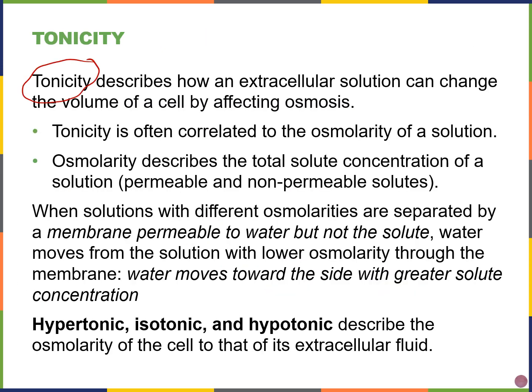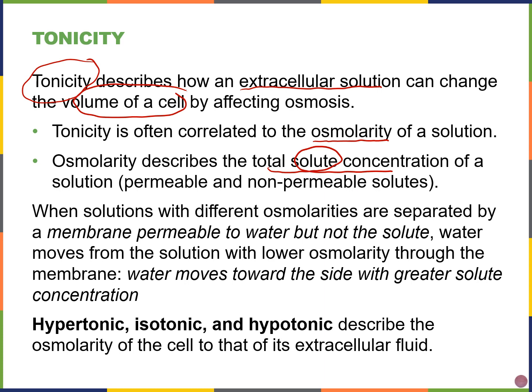Tonicity is a term we use to describe how an extracellular solution, the solution outside of the cell, can change the volume, really the water volume of a cell by affecting osmosis. So tonicity is correlated to the osmolarity of a solution, where osmolarity is the total solute concentration of a solution, and this includes both permeable and non-permeable solutes.